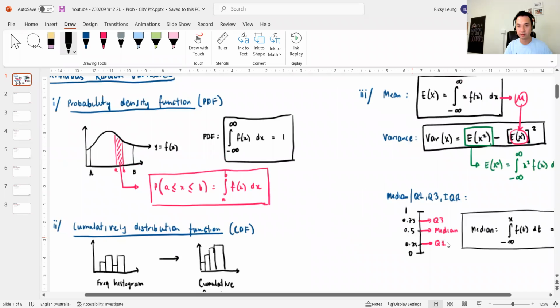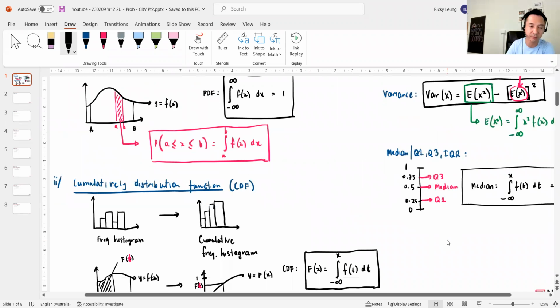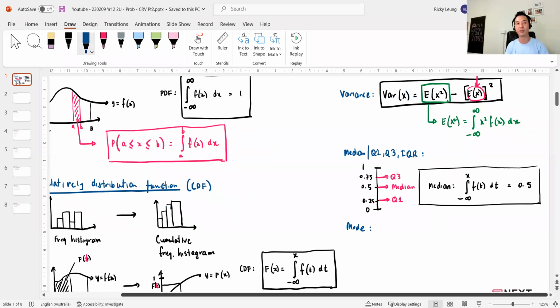Perfect. Final piece, like we've done mean, median, mode. So for the mode, what is the mode? If I gave you a probability density function that looks like this, to find the mode, I basically need the highest point here. That's the mode there.